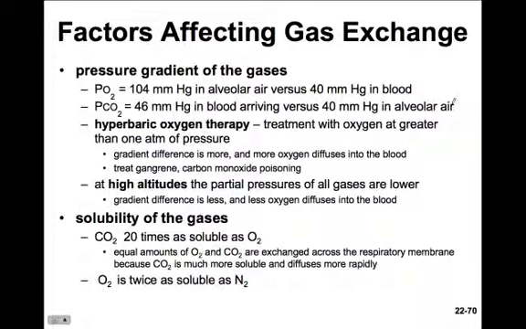So even though the pressure gradient of O2 is much greater, its solubility is less. And so that makes the exchange right about equal. Now, oxygen is about twice as soluble as nitrogen, so it has a little bit of an advantage that makes up for its lower partial pressure in crossing the respiratory membranes.